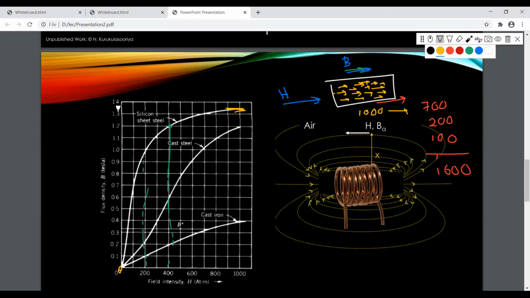Because all the domains are now arranged, and even if you have increased the H value here, there are no domains to rearrange. Therefore, the flux would be the same, right? That's why this curve is going to decline at the end. Now, this special situation we call saturation, saturation of this material.